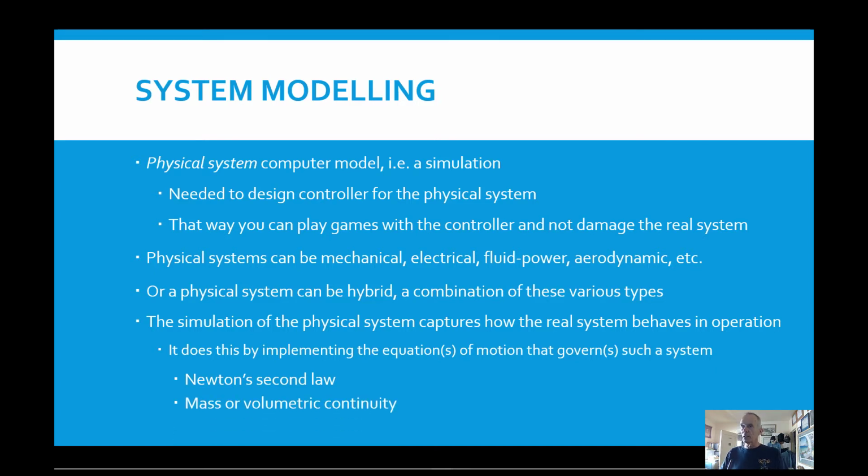For a hydraulic or fluid system, say a tank system, you might apply mass or volumetric continuity to that system, which basically says that the change in volume of material in a tank, for instance, is equal to the input flow rate minus the output flow rate. And then Kirchhoff's voltage law would be a physical principle that would be applied to an electrical system.